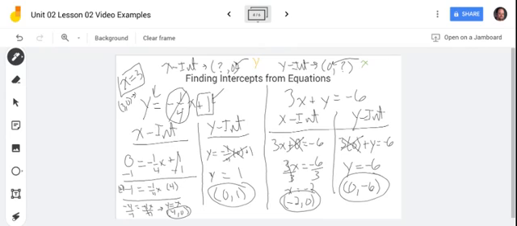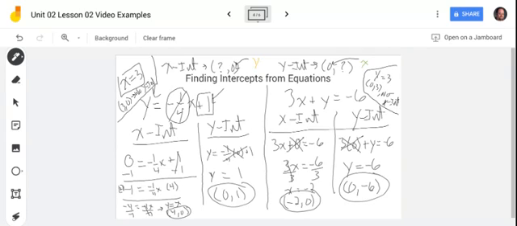But there is no y-intercept because this is your vertical line. If I have y equals 3, then my y-intercept is 0, 3, but there is no x-intercept because there is no x value.